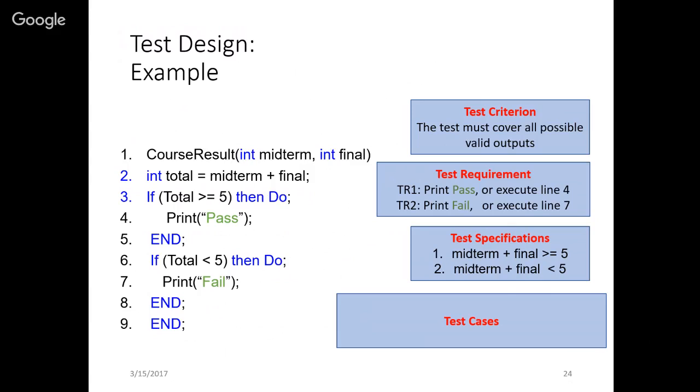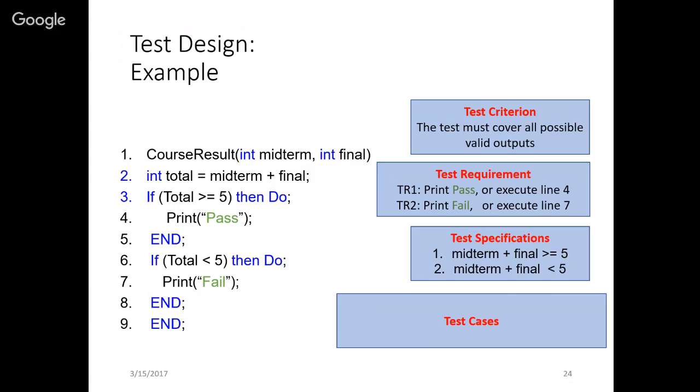So if midterm plus final is greater than or equal to 5, then it will pass. And if it's less than 5, it will fail. Those are specifications. And what are test cases? Test cases are the easiest one. Everyone should say that test case. Example.